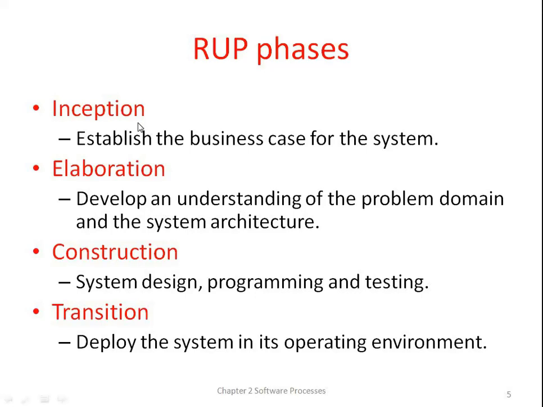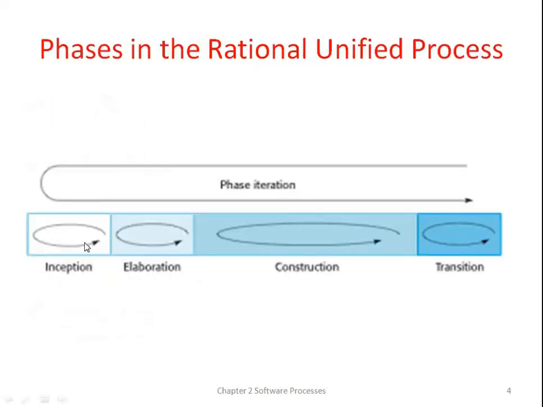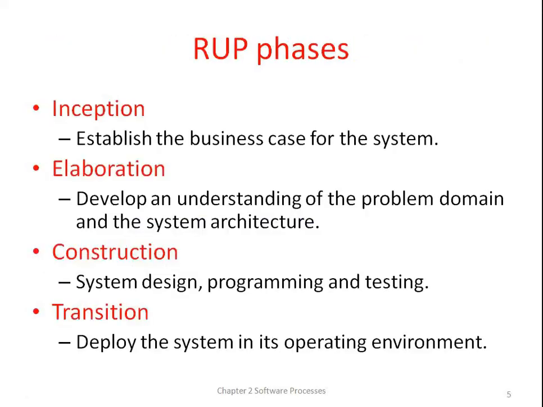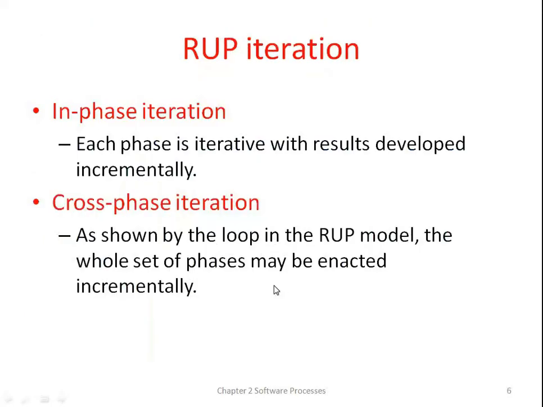The first one is the inception phase. In this phase, you first have to establish the business case for the system. In elaboration, develop an understanding of the problem domain and system architecture. In the construction phase, you do system design, programming, and testing, meaning system design, implementing, and testing.